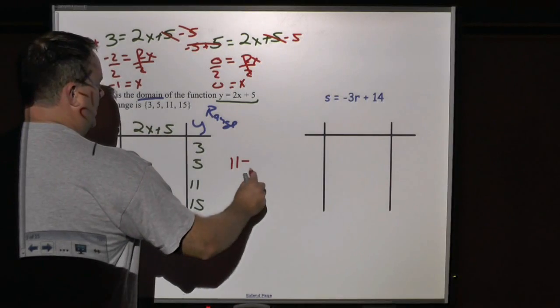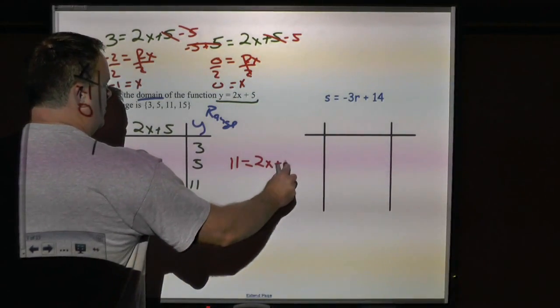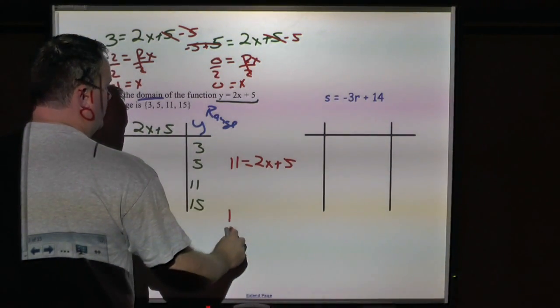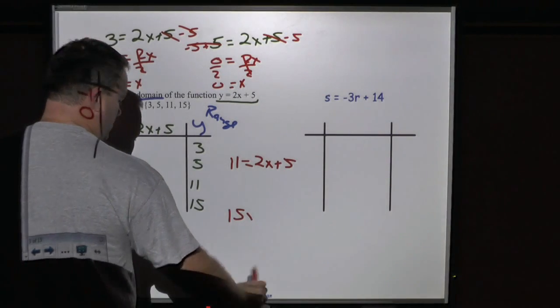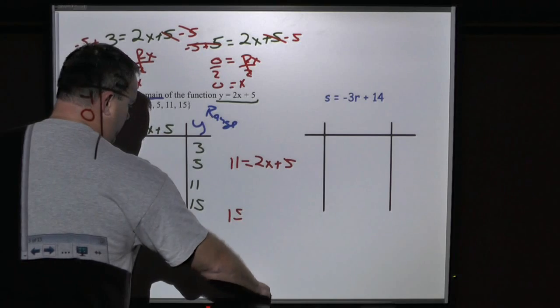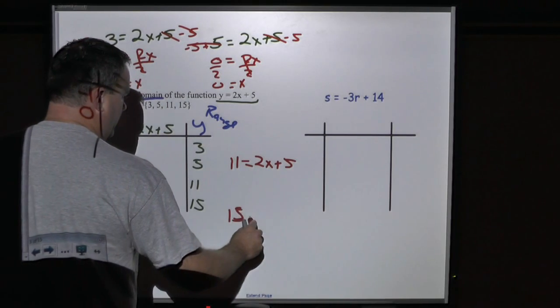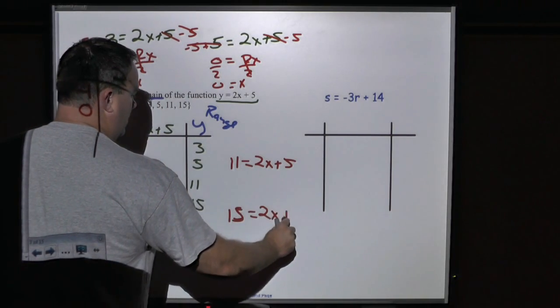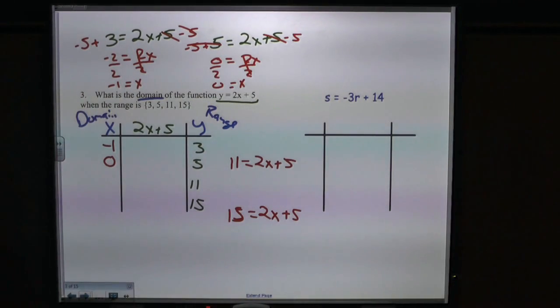You have to do this for 11. And you have to do this for 15. All of these have to be done. These take a little while to do. These aren't as fun. We didn't give you as many of these. But if you do each one of these, you'll get 3 for x when y is 11.